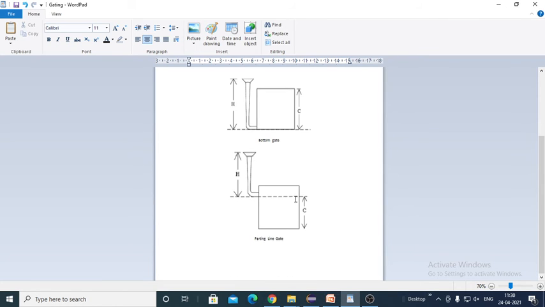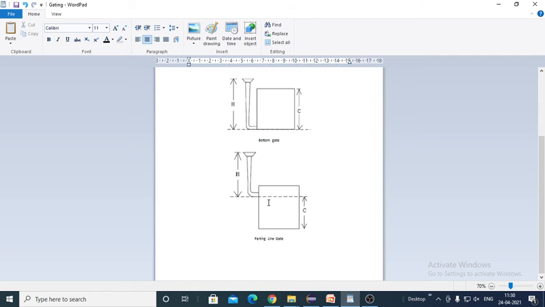Okay, and in the third, here if you see, the parting line gate is the combination of top gate and bottom gate.